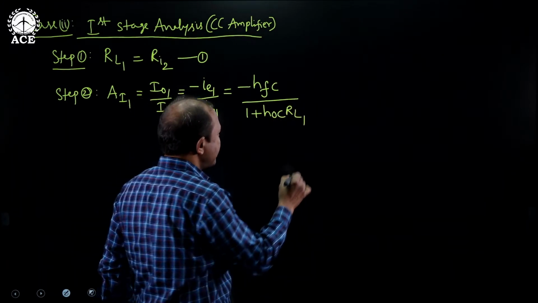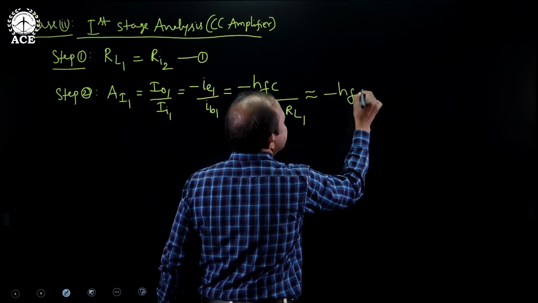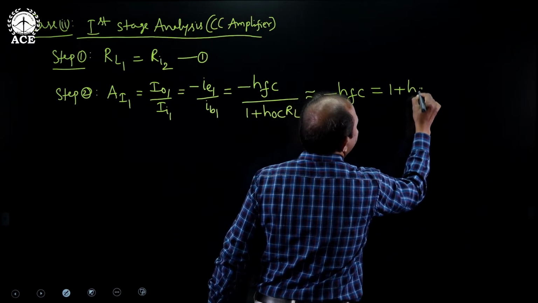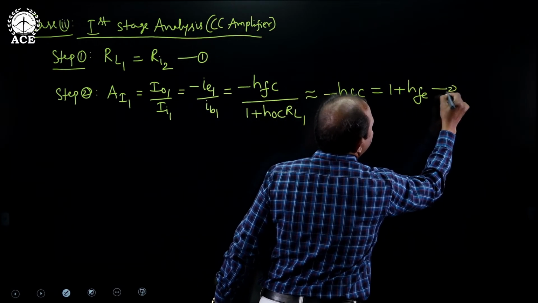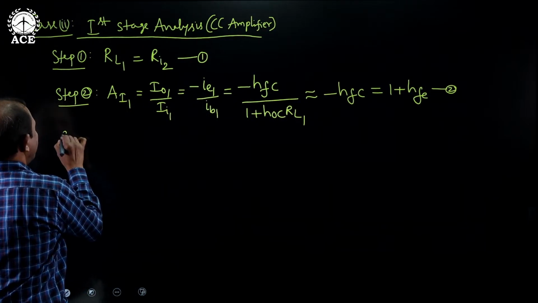This is the accurate equation, as we have already approximated this to minus HFC, which is equal to 1 plus HFE. Then step 3, input resistance.